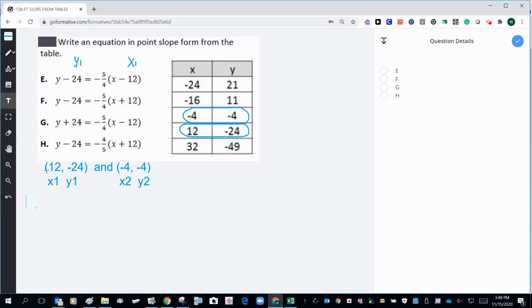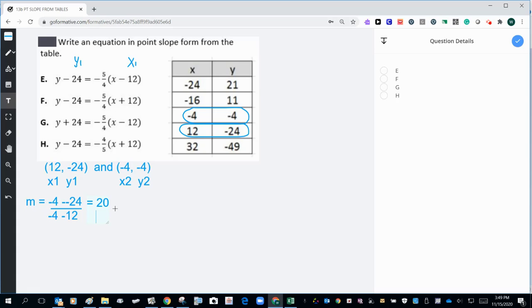So we're going to calculate our slope. So our slope is going to be -4 minus -24 over -4 minus 12. And draw the line. And let's do equal. -4 plus 24 is 20 on top.